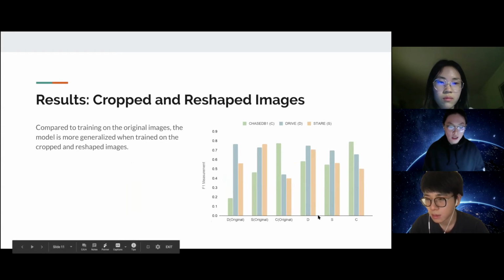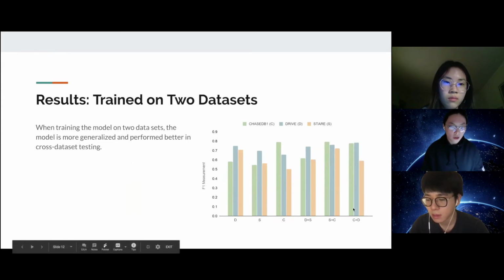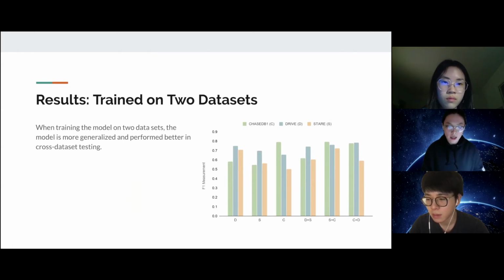This suggests that cropping and reshaping images in different datasets is helpful in cross-dataset training. When training the model on 2 different datasets, the model is more generalized and performed better in cross-dataset testing. For instance, compared to training on STARE and CHASE alone, when training on both datasets combined, the model performed better on testing on the DRIVE dataset.